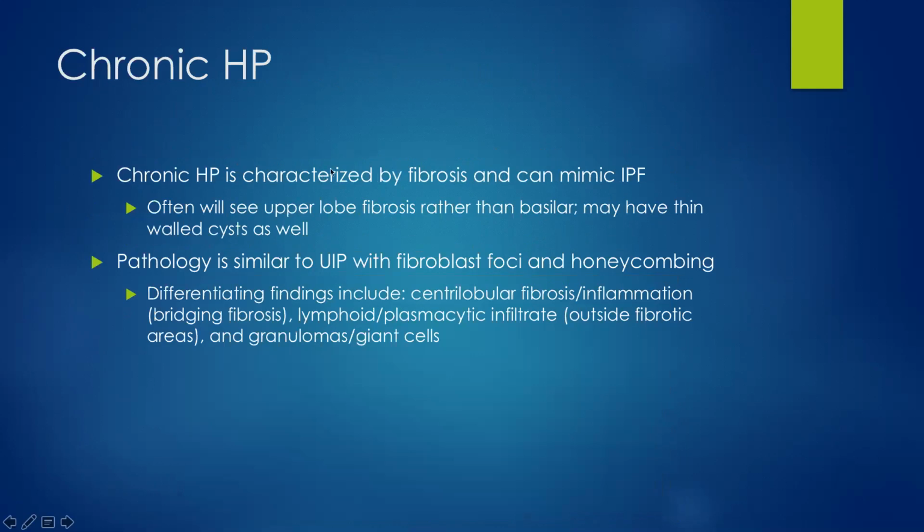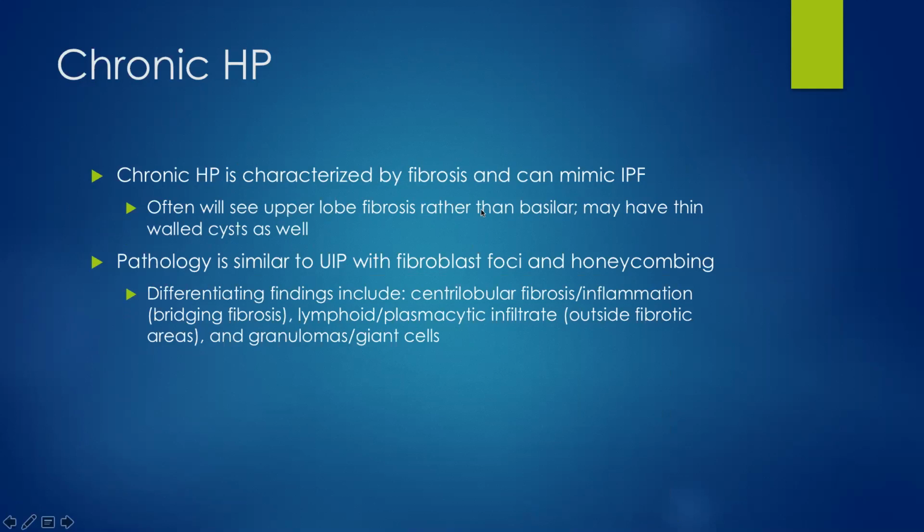So chronic HP, because remember I'm trying to go from scarring to less scarring. Chronic HP can be very similar to pulmonary fibrosis. It can look a lot like it. If you see somebody with a CT where they say there's honeycombing, these are the patients where you wonder, wait a second, is it really IPF or is it something else?